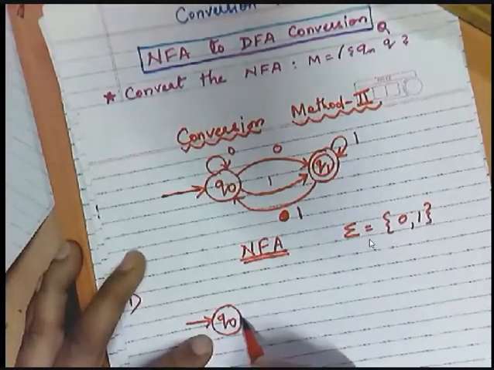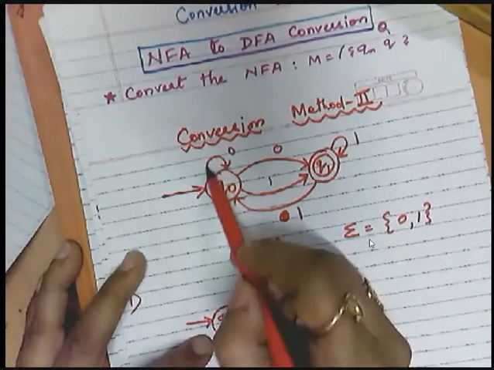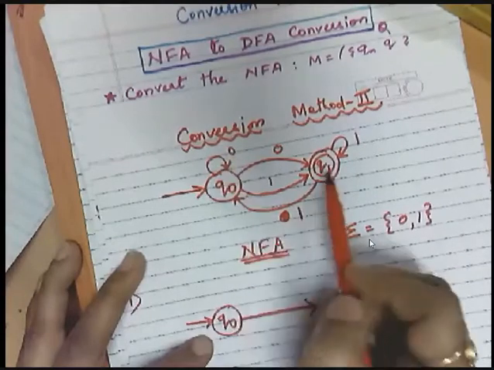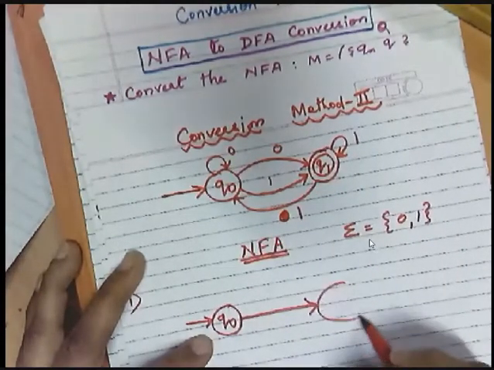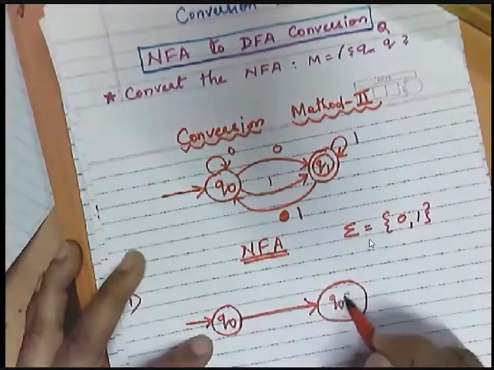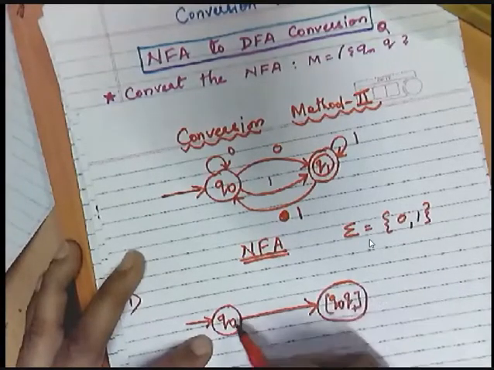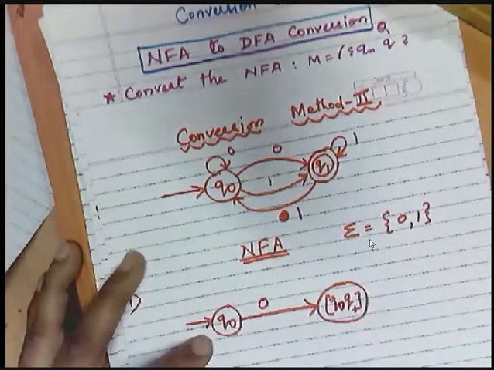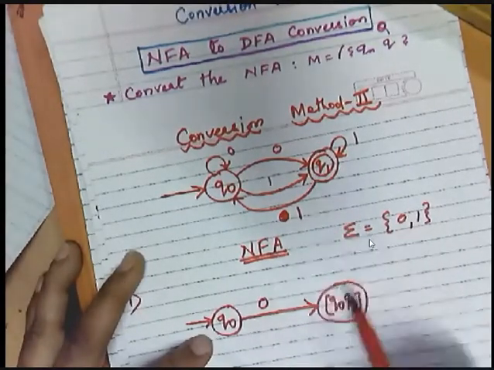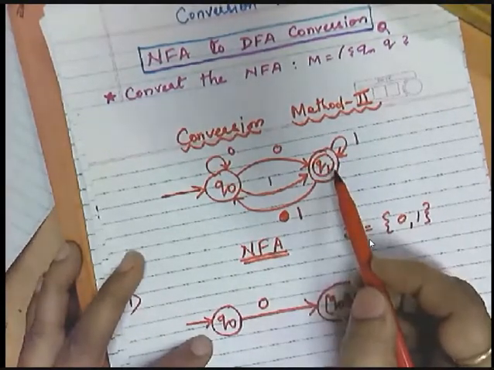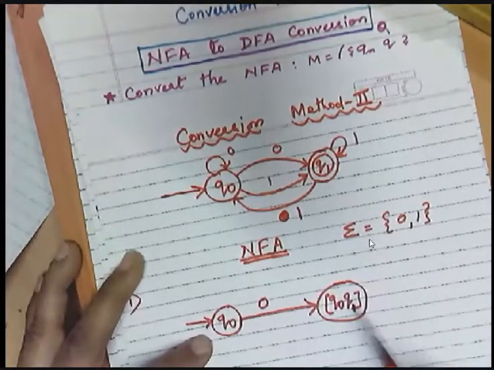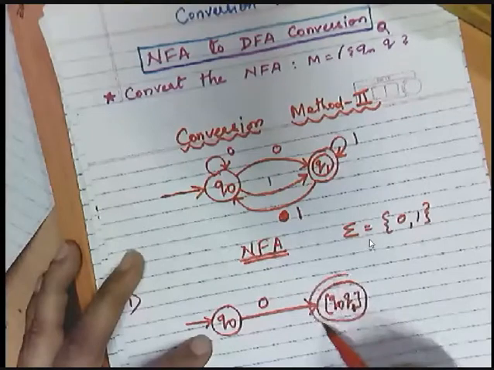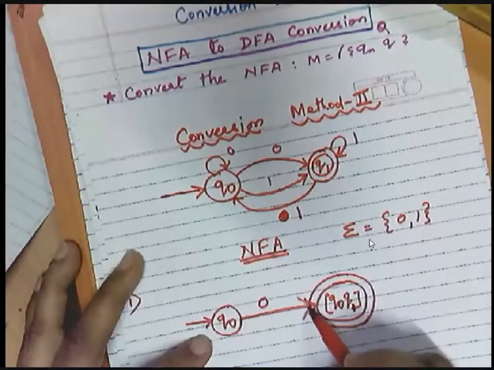So we need to take the union of all the states it is moving to by this 0, and nominate this state as Q0, Q1. So Q0 on 0 moves to Q0, Q1. Since Q1 is a final state and it is involved here, I need to make this state a final state. I hope this is very clear.